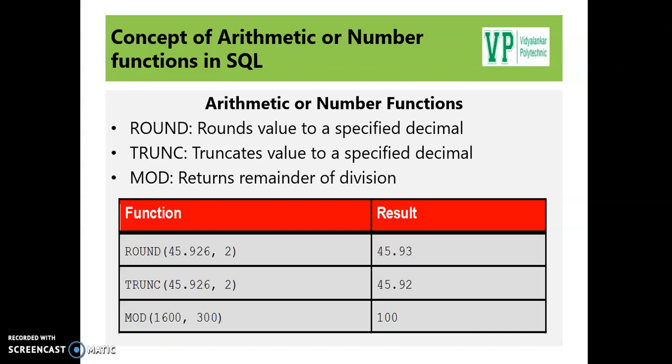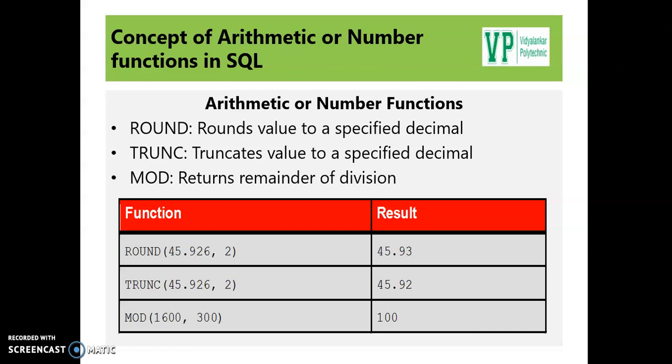For the round function, let's take one example. Round, and the first input is 45.926, comma 2. The 2 is the second input, which specifies the decimal point. After 45.92, the next digit is 6.